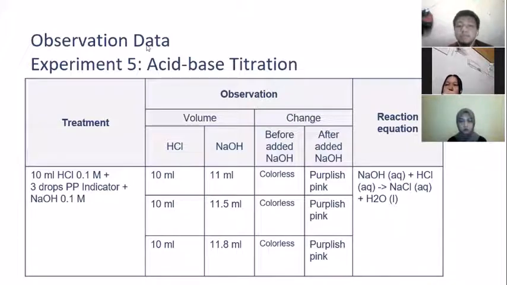For the color change, before adding natrium hydroxide the color is colorless, but after adding natrium hydroxide it turned purplish pink. Reaction equation for this experiment is natrium hydroxide aqueous plus hydrogen chloride aqueous produce natrium chloride aqueous and water in liquid.